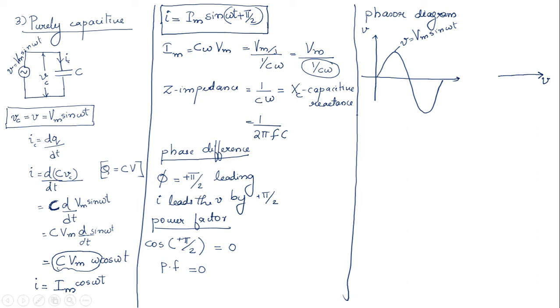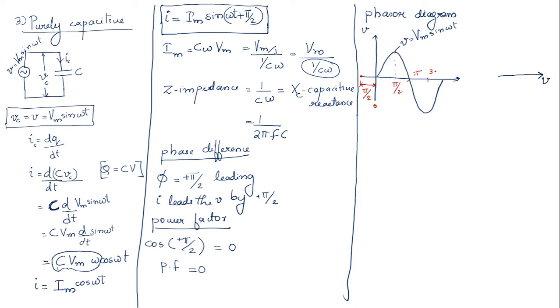As we have already mentioned the equation for current, how should we draw this? You can identify that this is a leading waveform, by pi by 2, which means your 0 point should be pi by 2 before 0. So this much portion is pi by 2. This is 0 degree. This is pi by 2. This is pi.